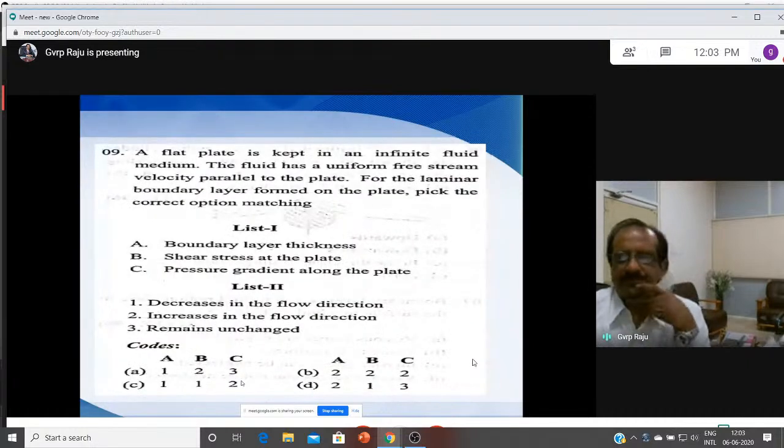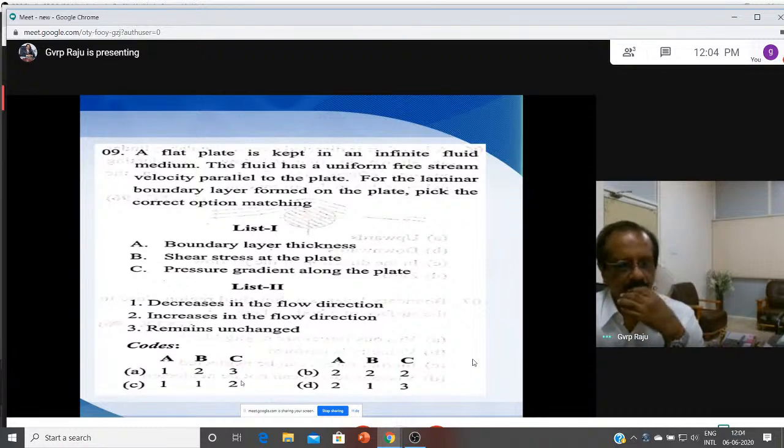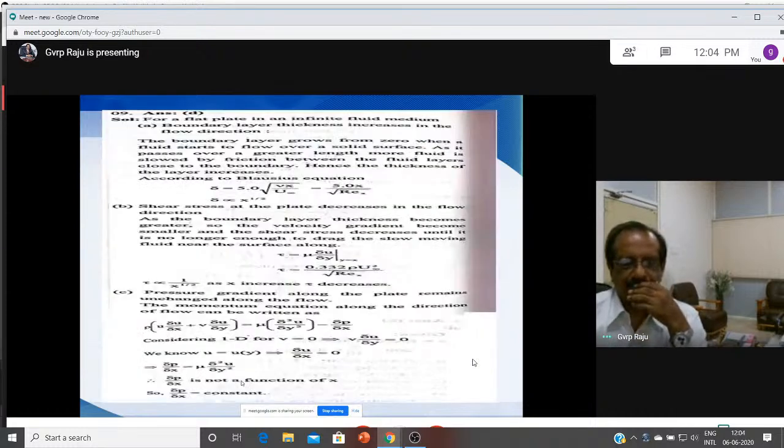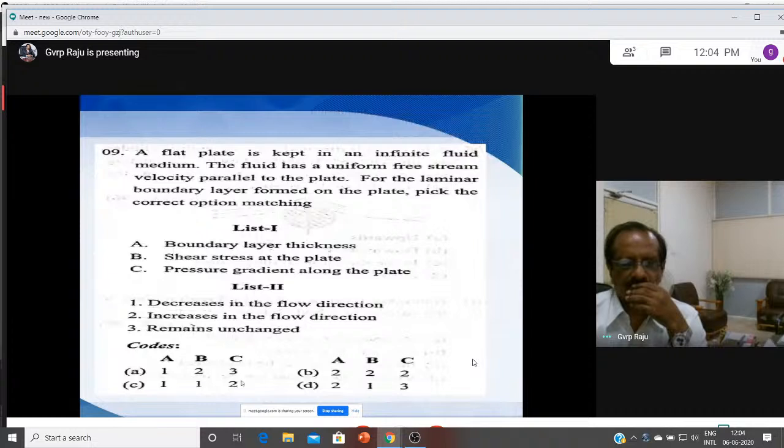Another question here. A flat plate is kept in an infinite fluid medium. The fluid has a uniform free stream velocity parallel to the plate. For the laminar boundary layer formed on the plate, pick the correct option matching. The boundary layer thickness increases in the flow direction, so answer A, 2.